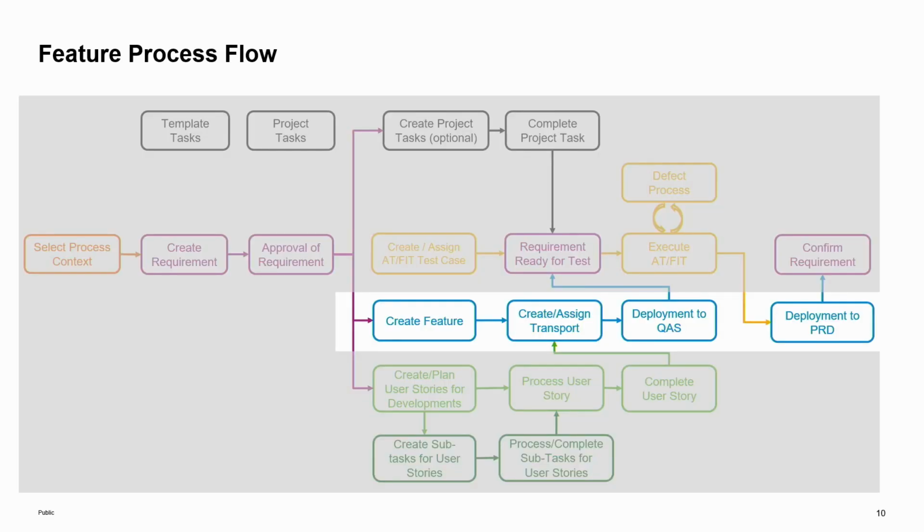In the overall environment of what we said, there are requirement, user story, defect corrections from the test area, and the feature. So the highlighted one is what we do with the feature. So we are only part of the overall ecosystem.